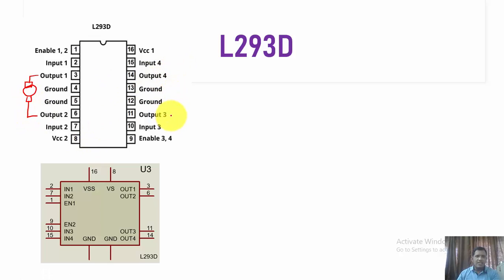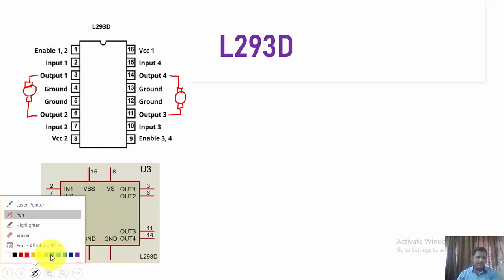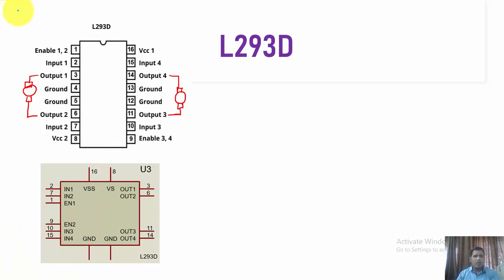However, the second DC motor is generally connected between output 3 and output 4 in this way. And the controlling action, that means to run that motor either in clockwise or anti-clockwise direction, for motor 1 is given from input 1 and input 2. However, for motor 2, it is given from input 3 and input 4 here.